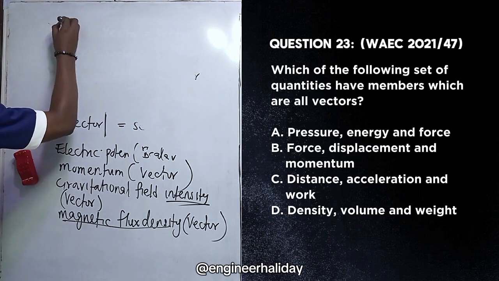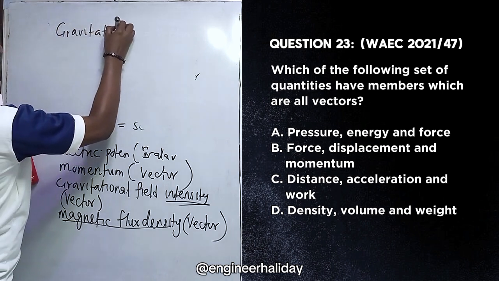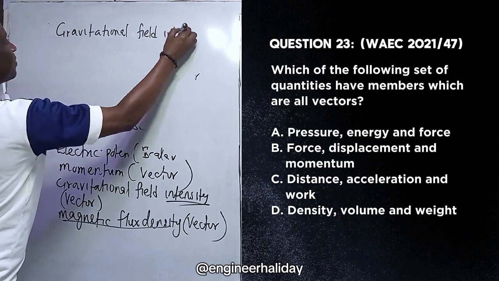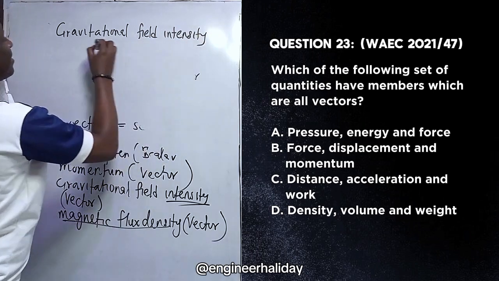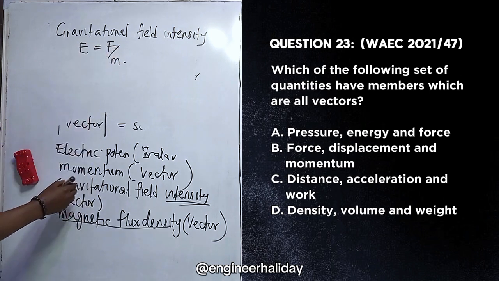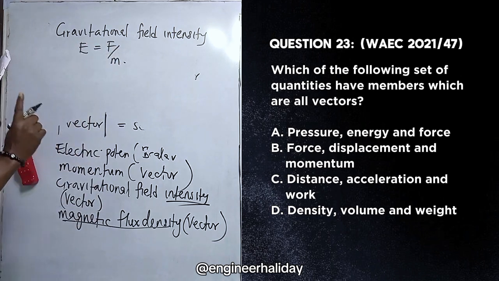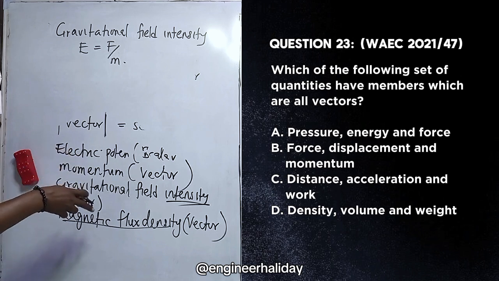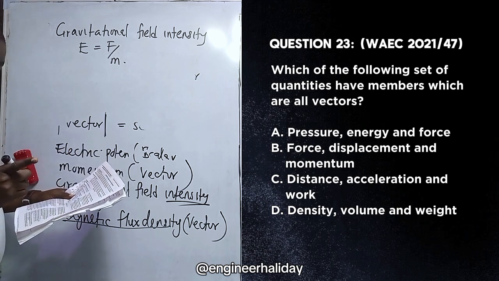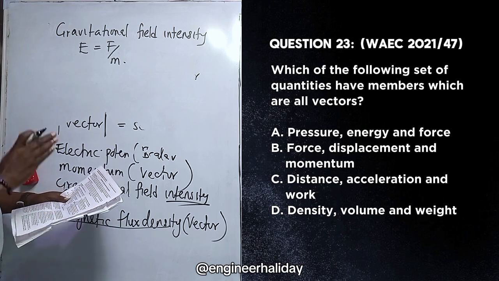Classify this one: gravitational field intensity. Gravitational field intensity is E equal to F over M, which is supposed to be a vector. But in the options, they are putting scalars. For example, in 21, magnetic flux density is a vector, no doubt.